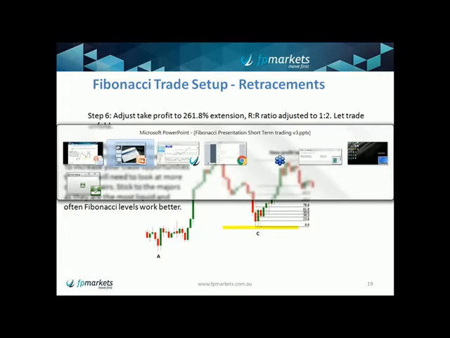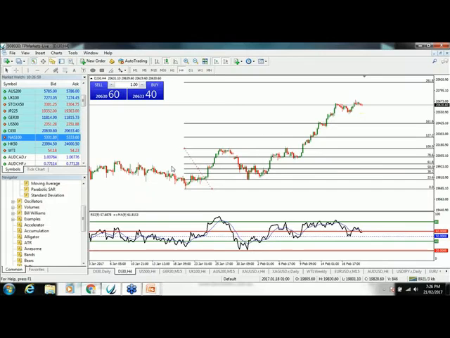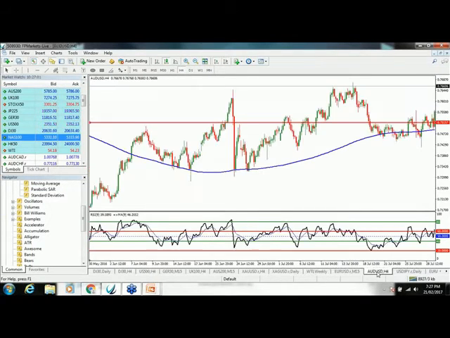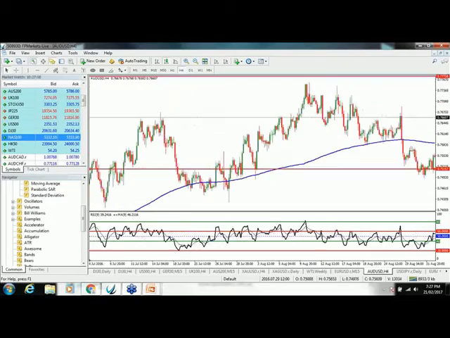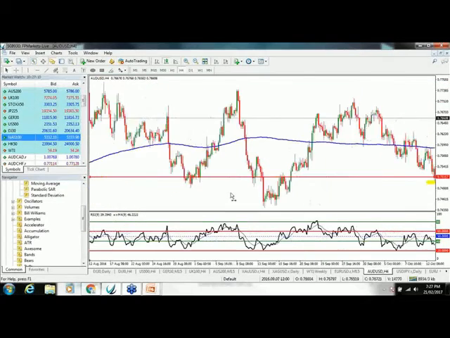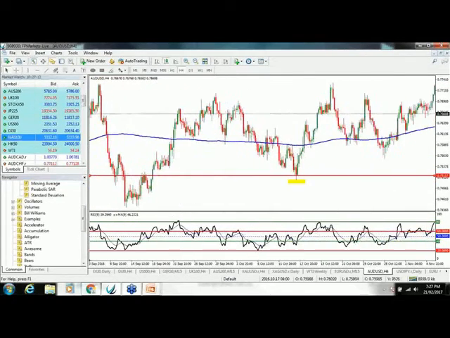What I'll do is jump onto the MT4 platform, and I want to have a look at the Aussie dollar here, for example. Let me move this across. This was the reason why I'm highlighting this particular retracement here.